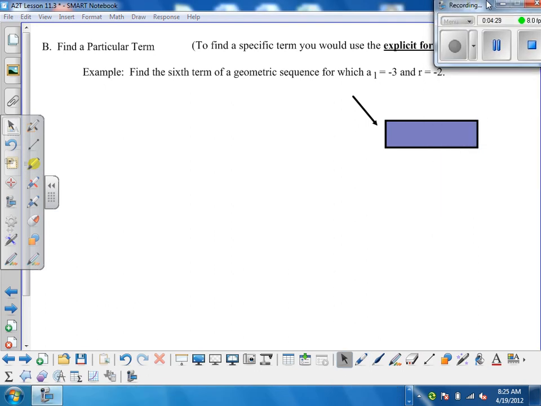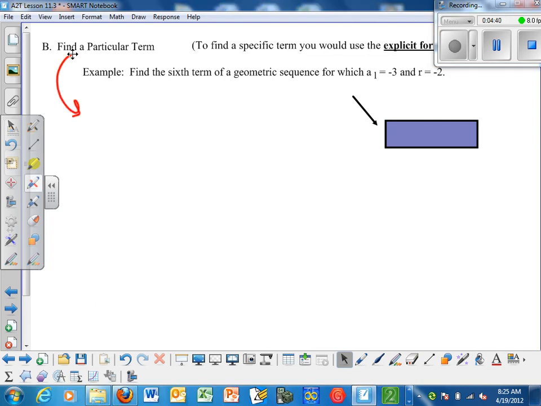To find a particular term, you're going to use what's called the explicit formula. A sub n equals a1 multiplied by r, and then the power on r is n minus 1.